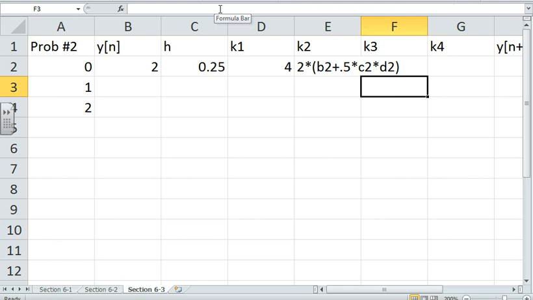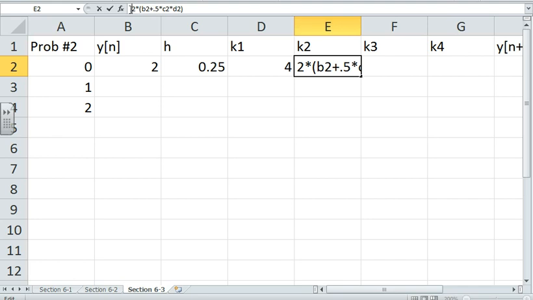Okay, what happened? I didn't put an equal sign there, did I? Okay.